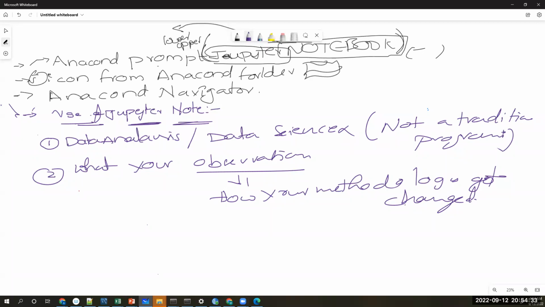And why? Because when you look into the data, based on your observation and your analysis, your decision is going to change, right?